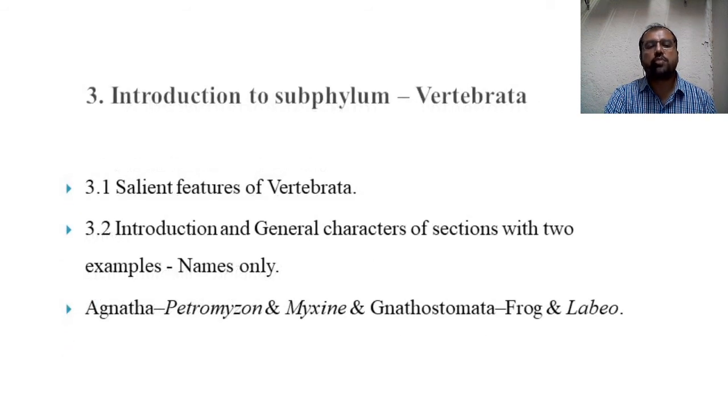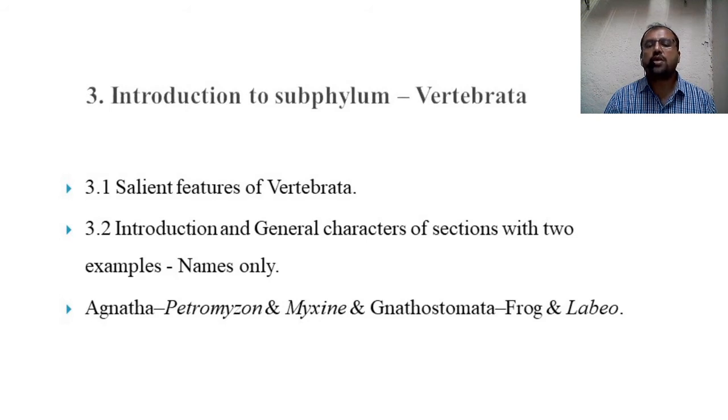Then the third topic is Introduction to Subphylum Vertebrata. This includes again two important subtopics. First is salient features of Vertebrata, meaning the characters of Vertebrata. The second is introduction and general characters of sections with two examples.